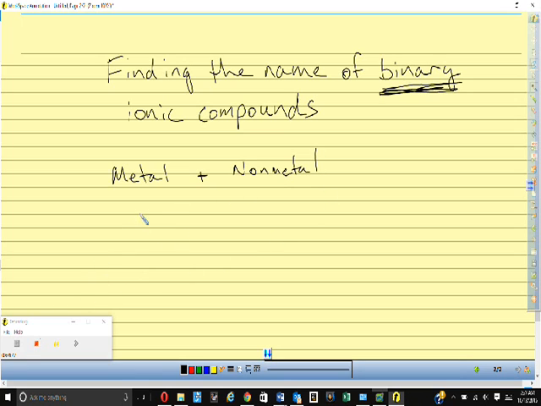When you're naming these things, you simply name the metal, plus you name the non-metal, ending with the suffix IDE. So for example, if I had NaCl, the metal here is sodium, and the metal will always come first.